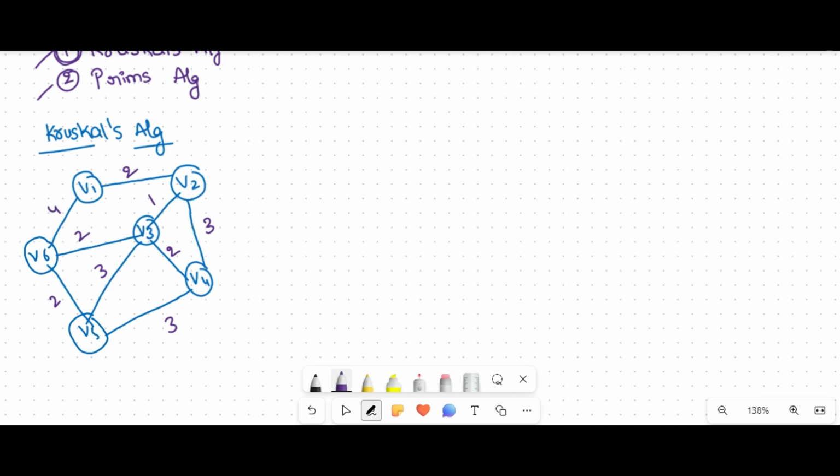Now, what are the steps for constructing the minimum cost spanning tree for this graph? The first step is to represent the cost table. A table has rows and columns; the columns are edge, meaning which two vertices the edge is between, and the cost of that edge.